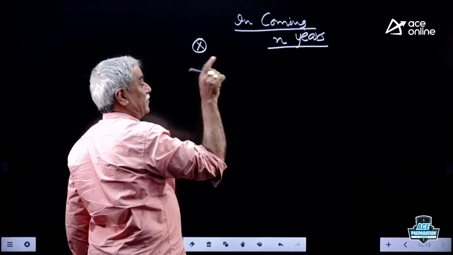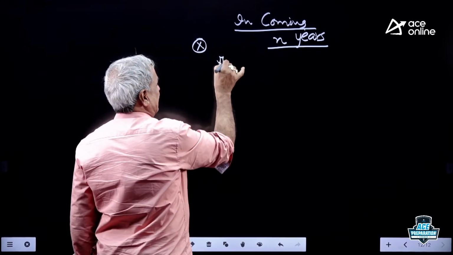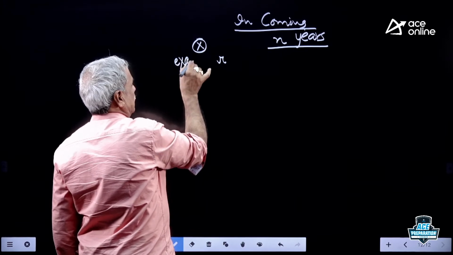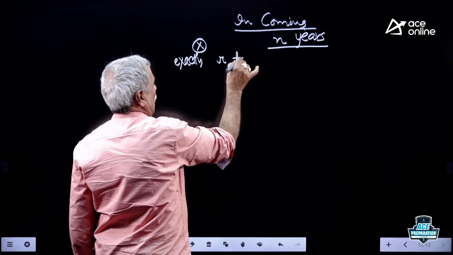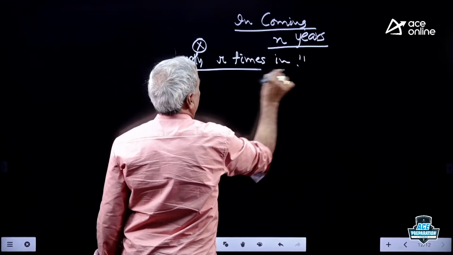What are the chances of getting the rainfall, meaning equaling or exceeding that rainfall, exactly R times in the coming n years?